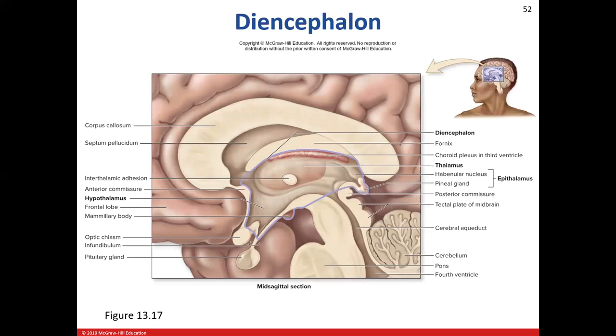If we look at the diencephalon, this is a mid-sagittal section of our brain tissue. You'll notice here we have our corpus callosum. We'll talk about the choroid plexus here that's found in that third ventricle. But then we look at some of the diencephalon structures. We have our thalamus, which is this large section right in the center of the graphic.